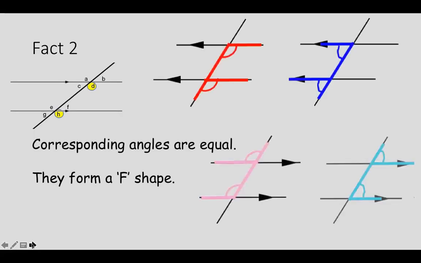These are the different F shapes that it can form from that parallel line. So please draw. Again, you can draw one and highlight the 4.